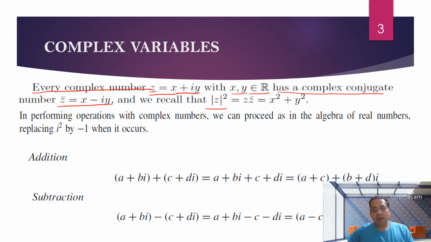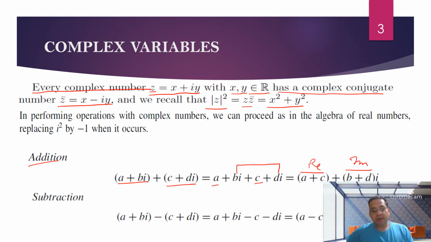Mod of z square is equal to z into z bar, which is equal to x square plus y square. For adding the complex numbers a plus b iota and c plus d iota, we just add the real part with the real part and the imaginary part with the imaginary part, so a plus c is the real part and b plus d into iota is the imaginary part.